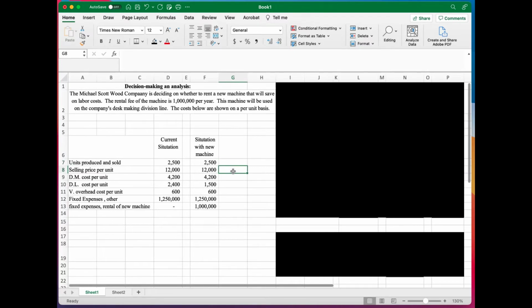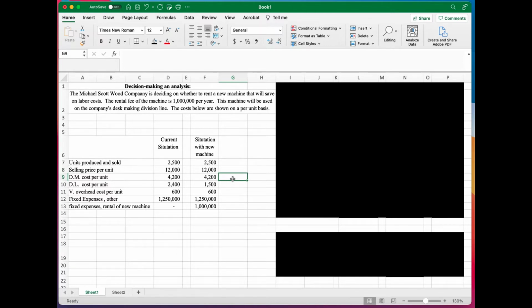Next, we have the selling price per unit. We could see that under alternative 1 and alternative 2, the selling price per unit is still $12,000. It does not change. That is not a relevant cost or a relevant benefit. It's irrelevant. Look at the direct material cost per unit.